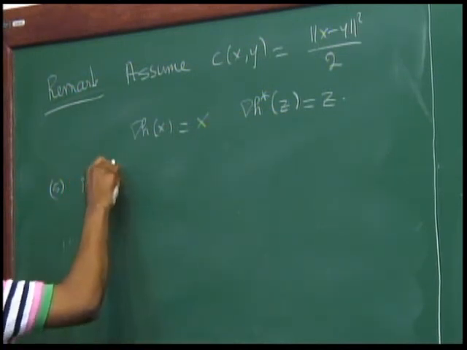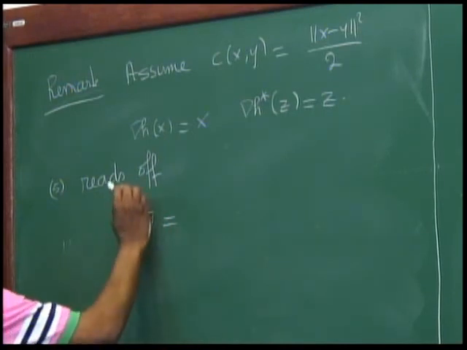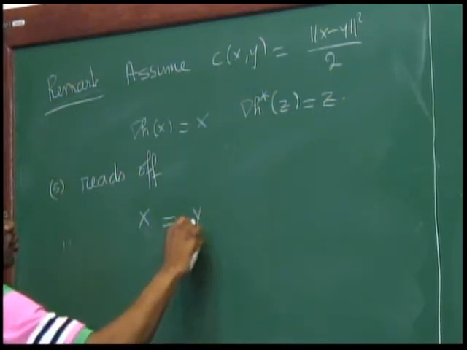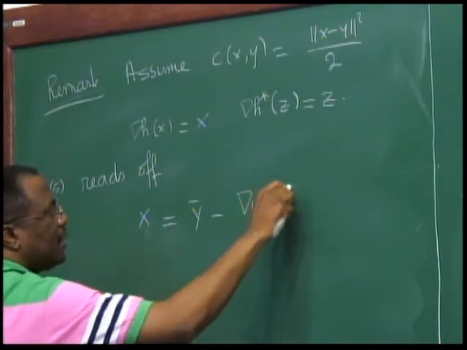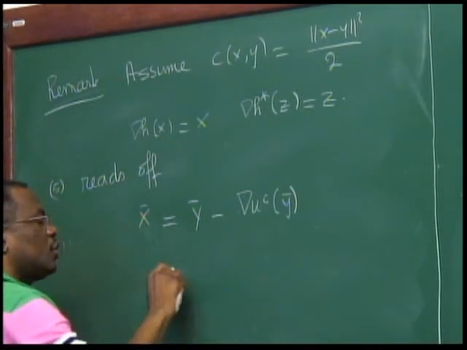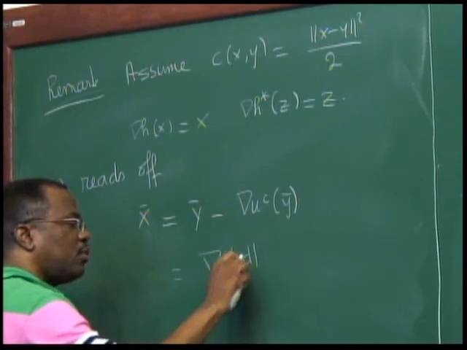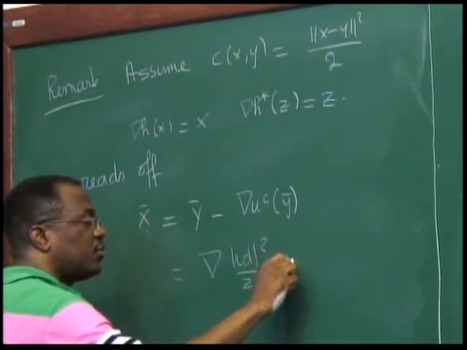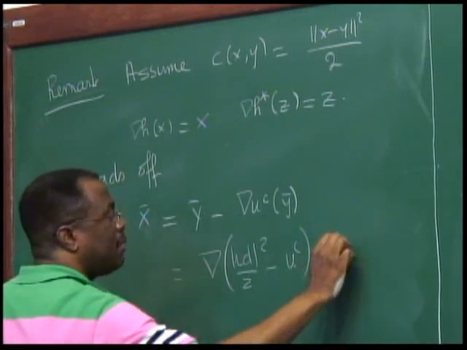reads off the fact that S bar equals y bar minus the gradient of UC at y bar, which is the gradient of the identity squared over 2 minus UC at y bar.